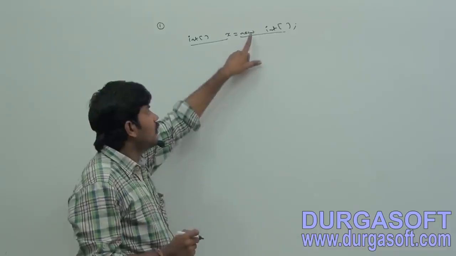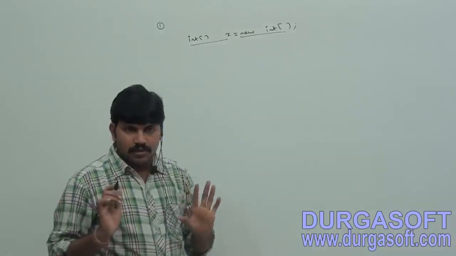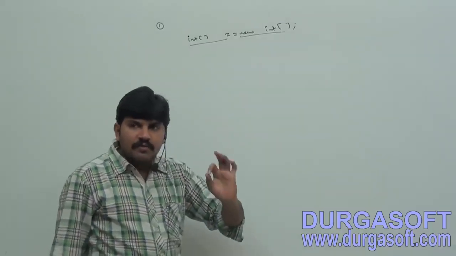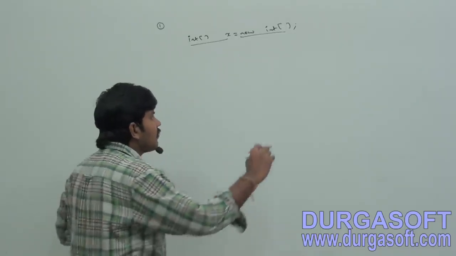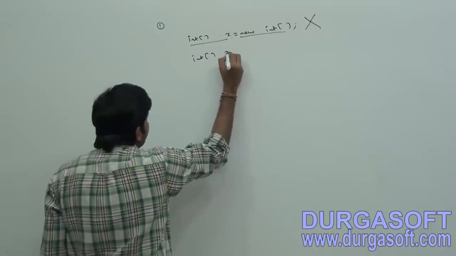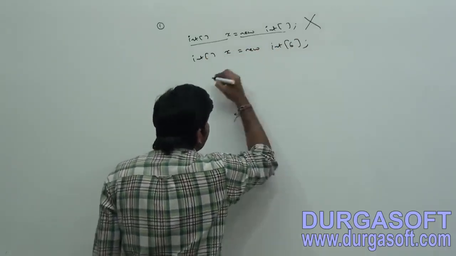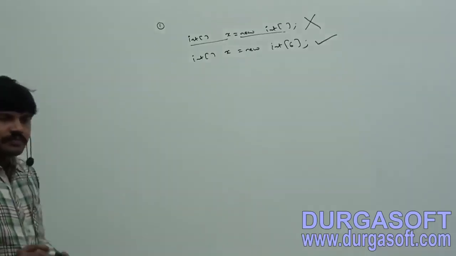That's why, if the compiler identifies this problem, we immediately get a compile time error. So the first point: at the time of array creation, we compulsorily should specify the size, otherwise we will get a compile time error. Suppose I take int[] x = new int[6]; valid or not? Valid.